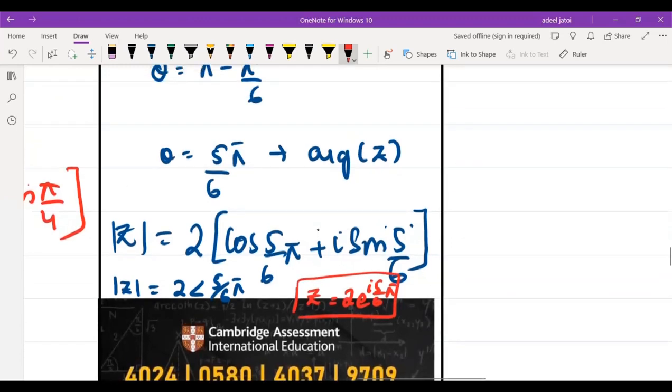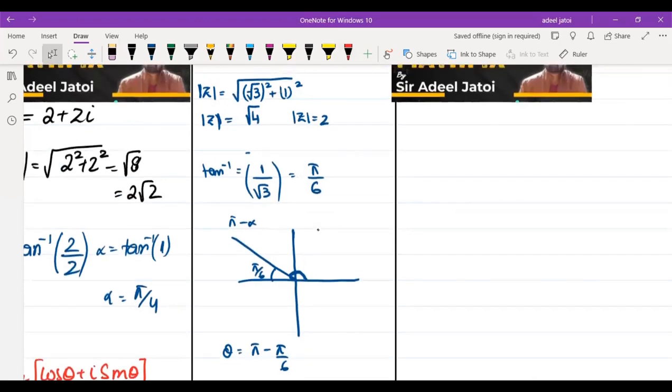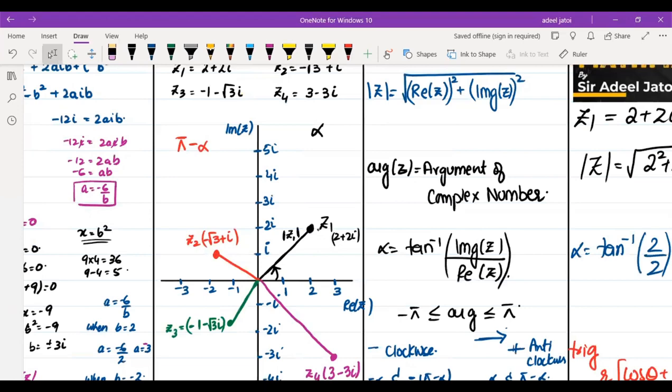But remember, your answer will be based upon the second quadrant. Since it is based upon the second quadrant, we actually know that your second quadrant will show pi minus alpha. So we knew that tan inverse had the value of 1 upon under root 3.